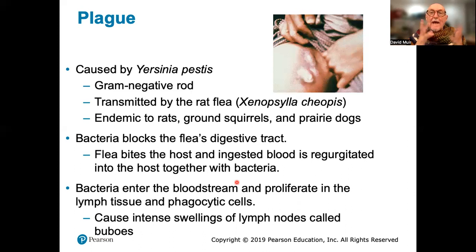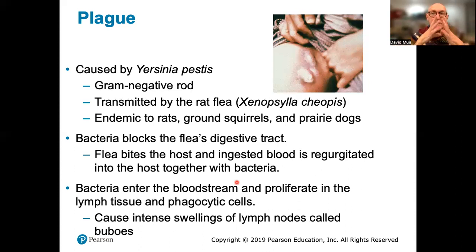And what happens is the bacterium infects the flea, and it causes a blockage in the flea's gut. The stomach will fill with blood, but it won't go any further. The flea still begins to feel hungry because it's not getting any nutrition.